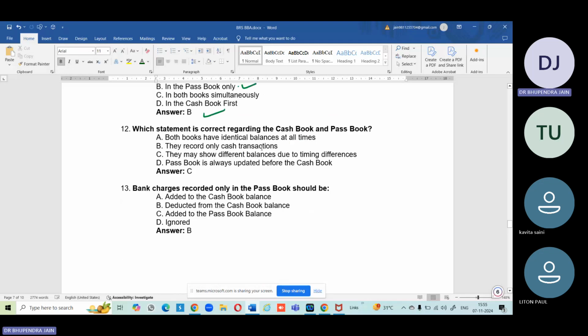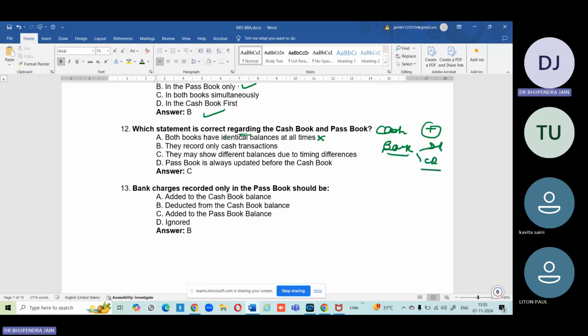Next. Which statement is correct regarding the cash book and the passbook? Both have identical balance at all times. Wrong. Cash balance will always be positive, always be debit, but the bank balance can be debit or negative, can be credit.